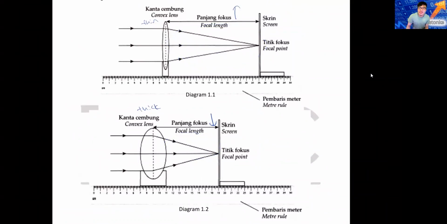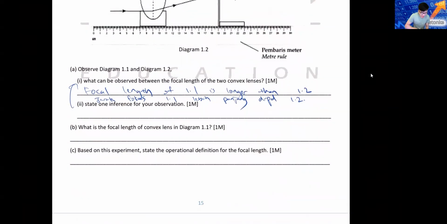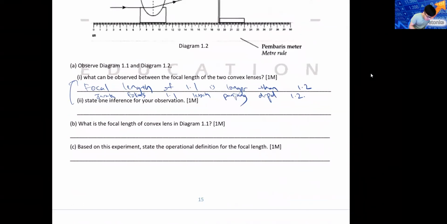Why? Thickness lah. This one has thinner lens. This one has thicker lens. So 1.2, the lens is thicker than 1.1 lor. Like I say, no studying here one. So state one inference. So you can say lens of 1.2 is thicker than 1.1.